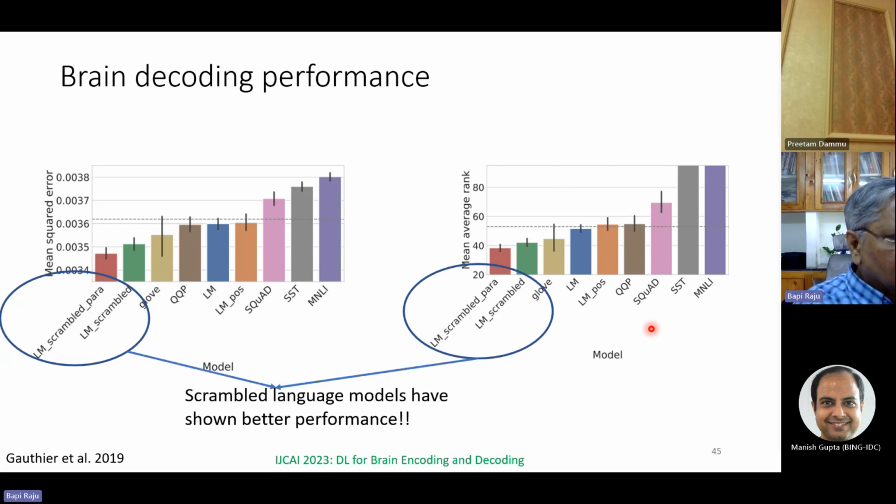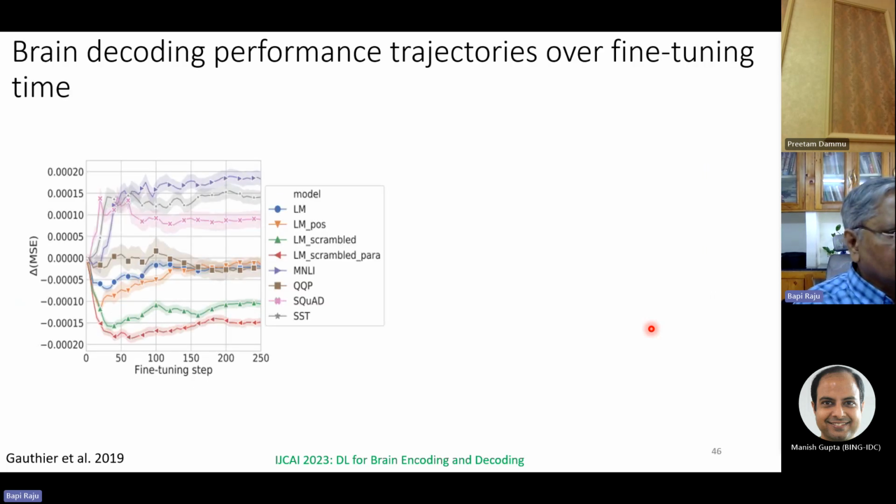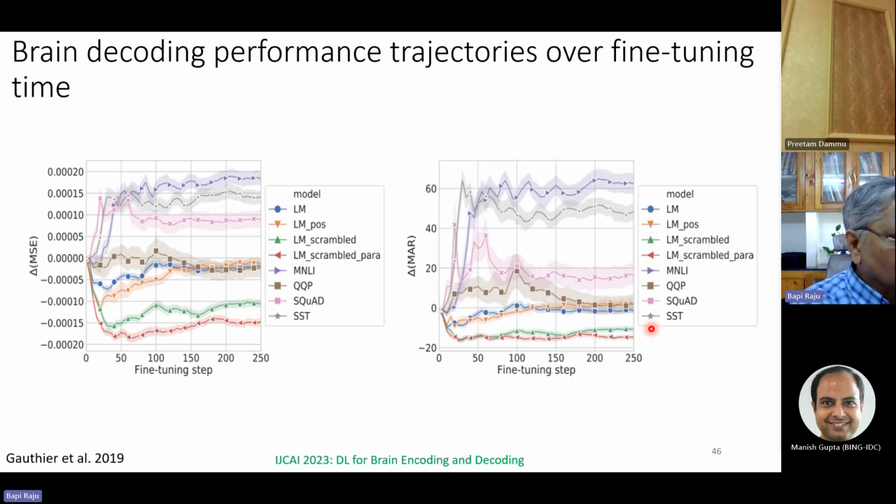Scrambled language models. So I've shortlisted this for its interesting observation. So this is at different stages of fine tuning, what is the difference between the rank accuracy and the squared error?